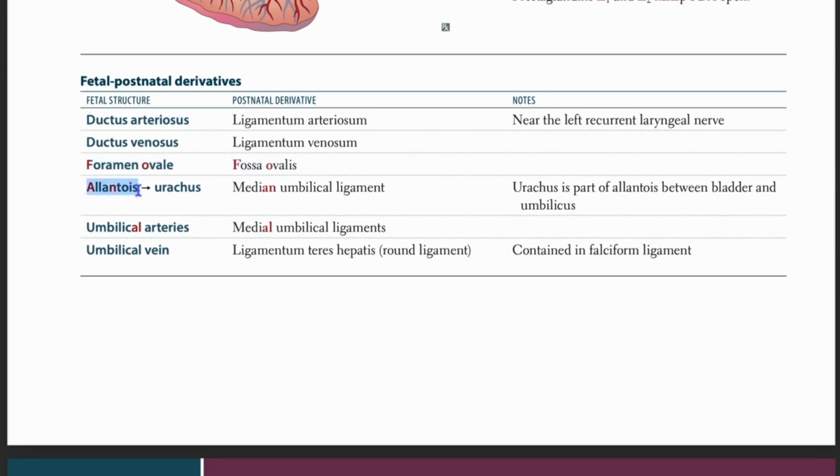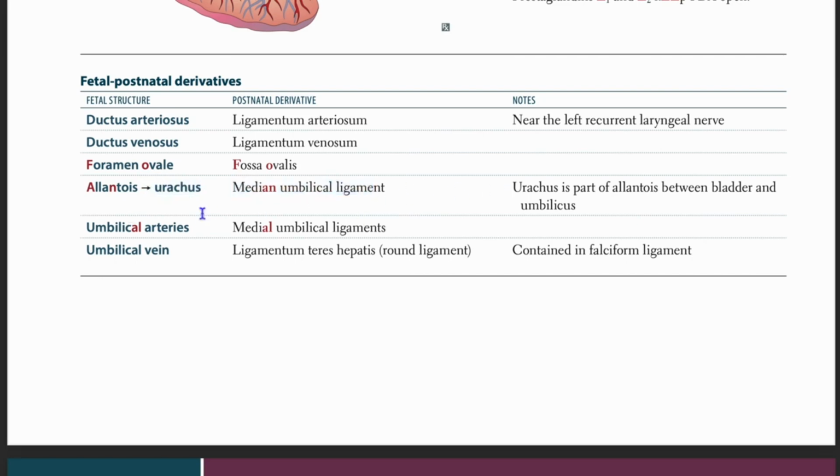Then you have allantois. This is an important one. It's called the median umbilical ligament. We'll come across this in GIT as well. Urachus is a part of allantois between bladder and umbilicus. This is important because if there are some bits that didn't fuse and others did, then that'll create a cyst with urine inside.